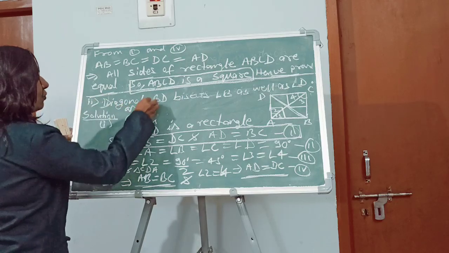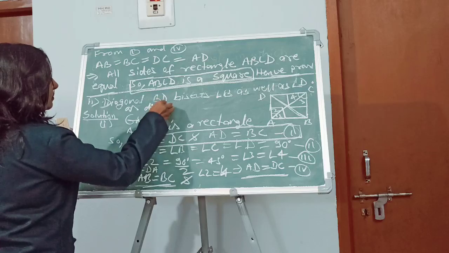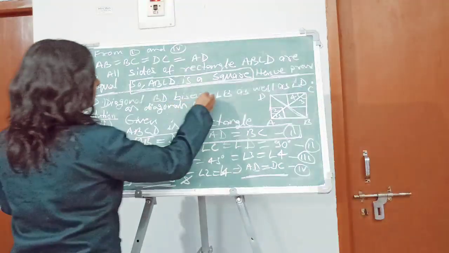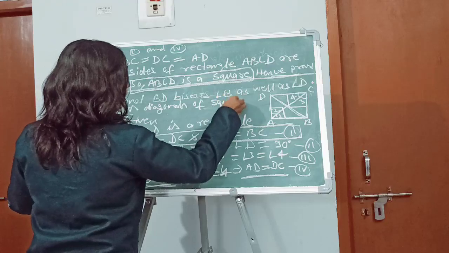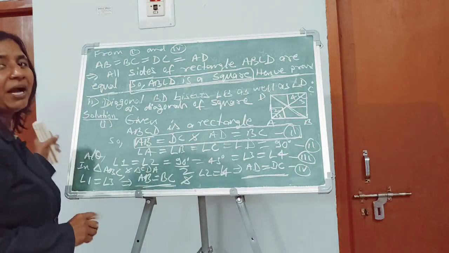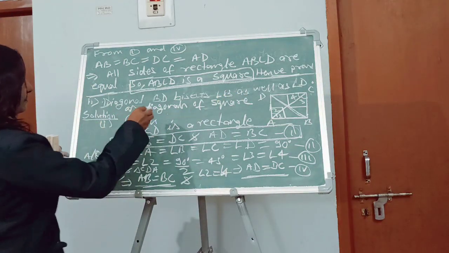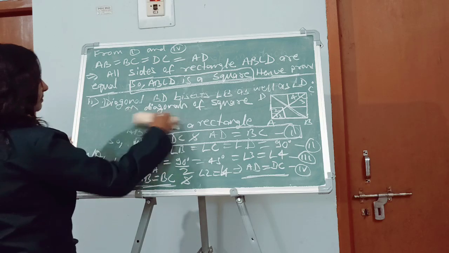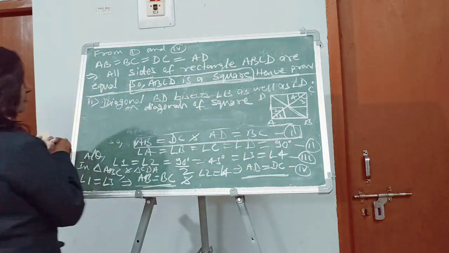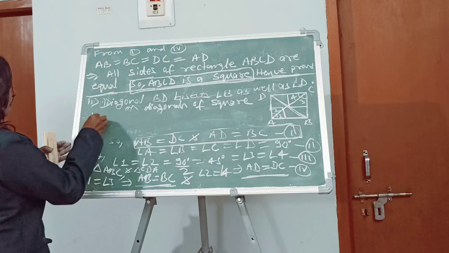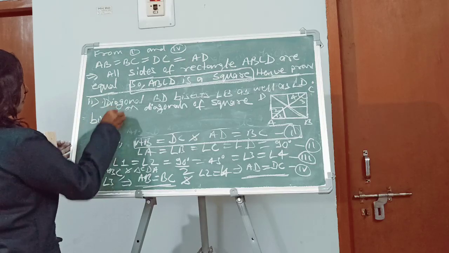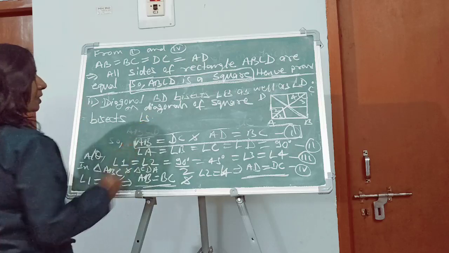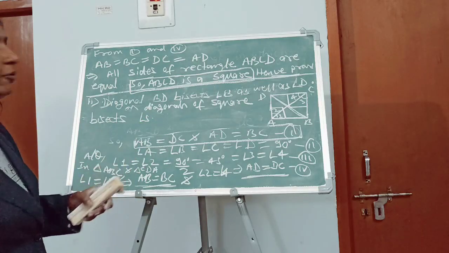As diagonals of a square bisect angles. And this is the second one which you have to prove.